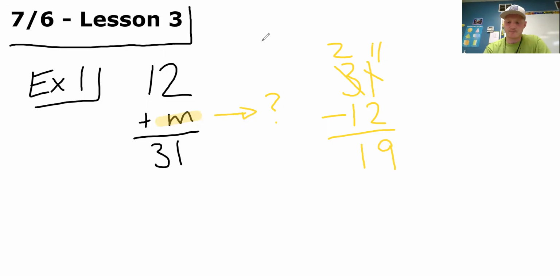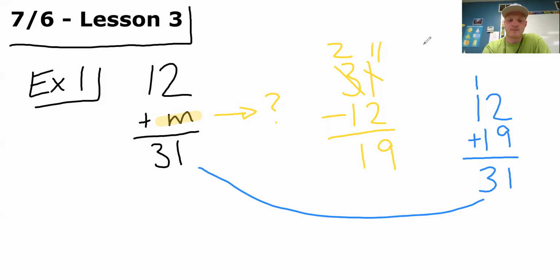Now we're going to check it. If you're trying to follow along in your book, we're on pages 12 and 13. I'm going to do that with blue. We plug that 19 in for M. So 12 plus 19: 9 plus 2 is 11, and then 1 plus 1 plus 1 is 3, so that's 31.